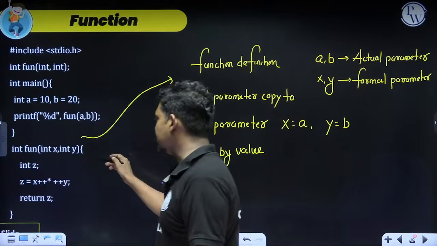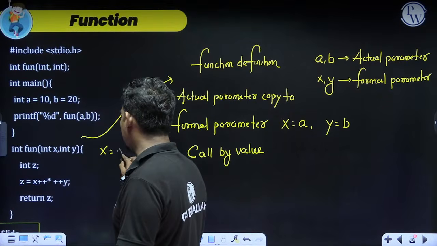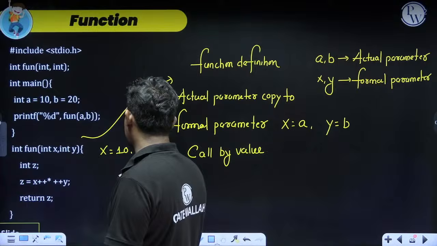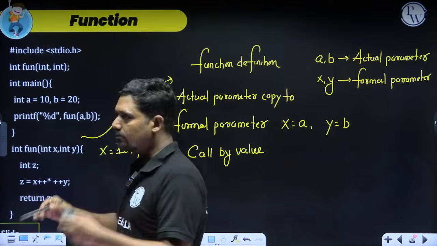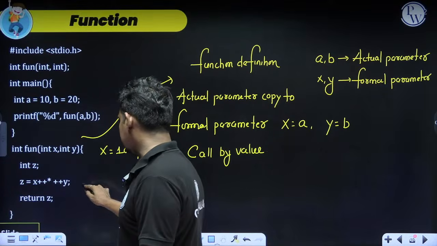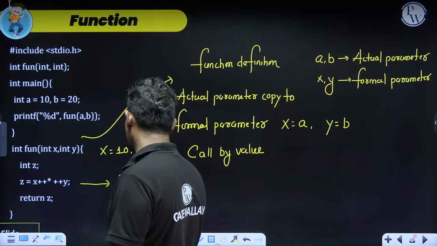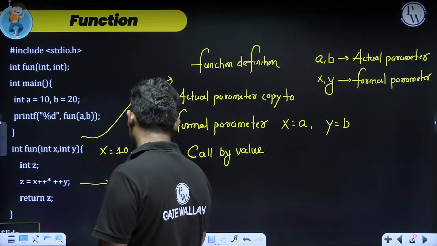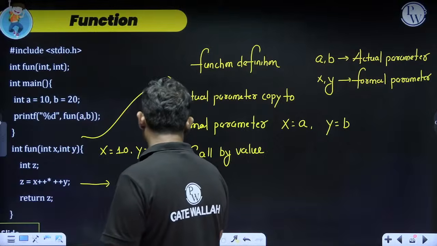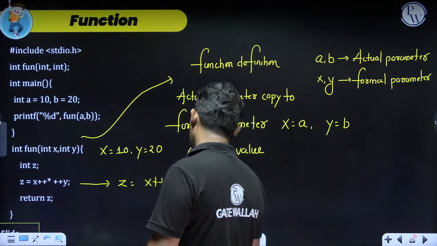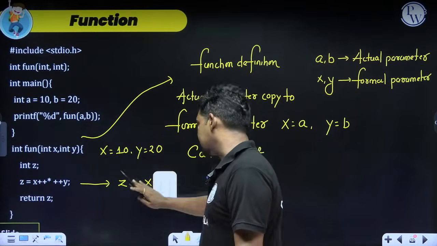And function execution begins. x is equal to 10 and y is equal to 20. Now, let me say that z is equal to x++ multiplied by ++y. Let me test what will happen.